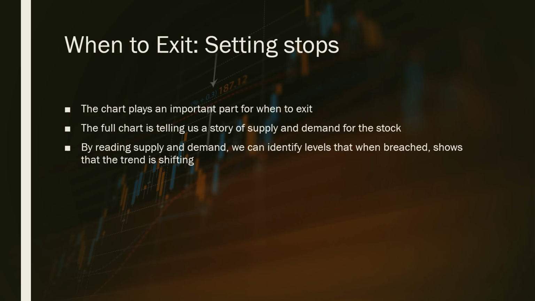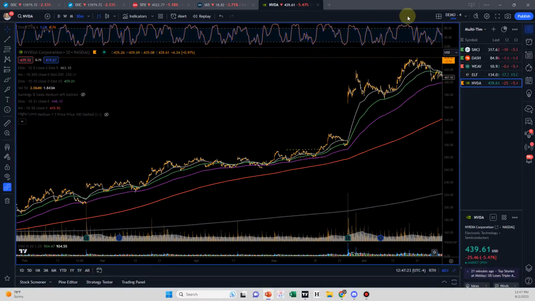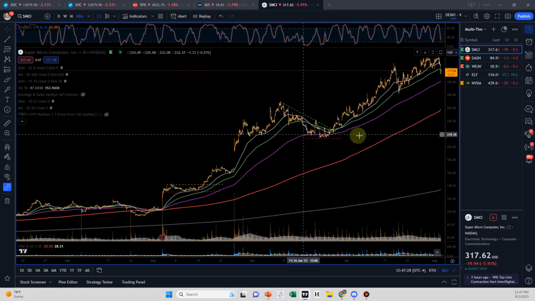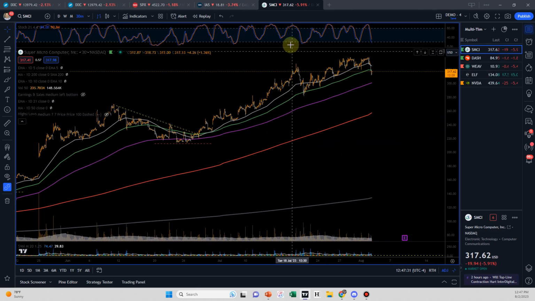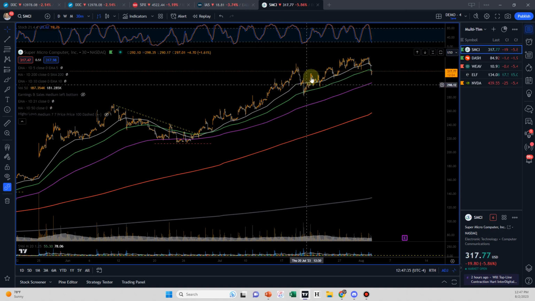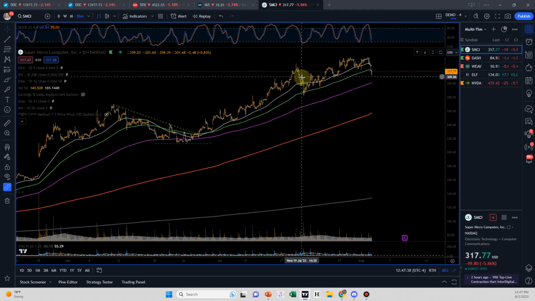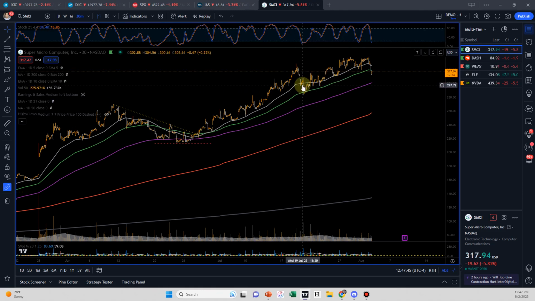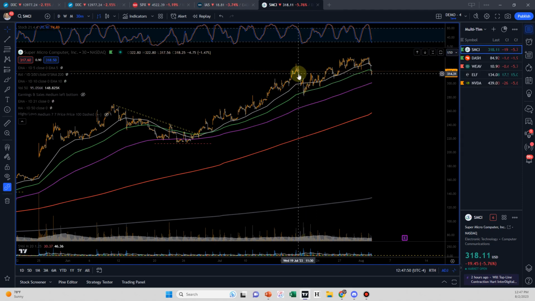And by reading supply and demand, we can identify levels that, when breached, show that the trend is starting to shift. For example, I was looking at SMCI earlier, right? When price was running up over here, at some point in this move, I was in this and I had sold out of the original position that I had from back here, somewhere in this vicinity, based on danger signals.